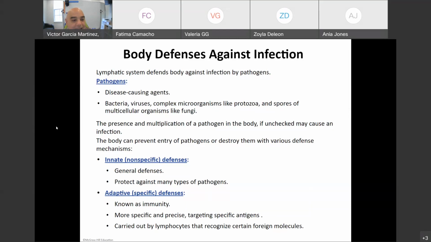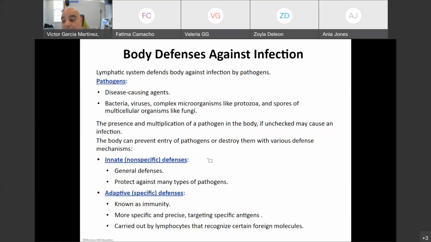Pathogens are any particular disease-causing agents. It could be a bacteria, a virus, a parasite like a protozoa, a fungi, it could be anything. But these pathogens are able to produce these diseases, these infections.